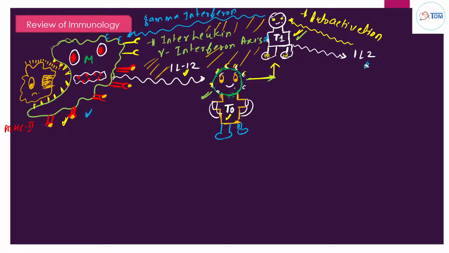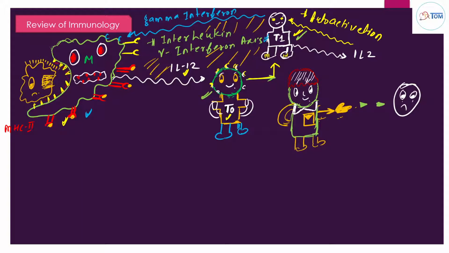So yes, this IL-2 also activates one more T cell, and I'm making this T cell here. This T cell is called cytotoxic T cell. So let me make that cytotoxic T cell for you. This is what is happening. It is IL-2 which also activates these cytotoxic T cells.